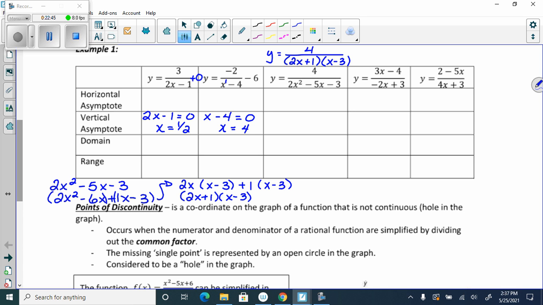So I have to set both of them equal to 0. I get 2x plus 1 equals 0, and x minus 3 equals 0. When I solve 2x plus 1, I subtract the 1 and divide by 2, so I get x equals negative a half. And for this one I add the 3 over, so I get x equals 3. So there are actually 2 vertical asymptotes in this one.